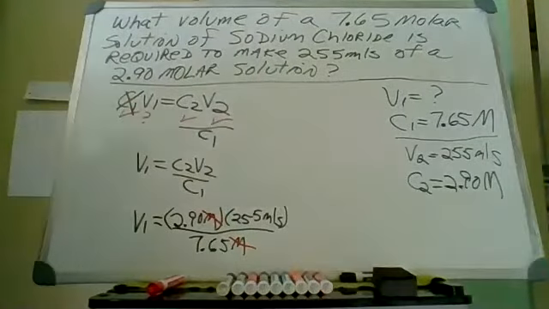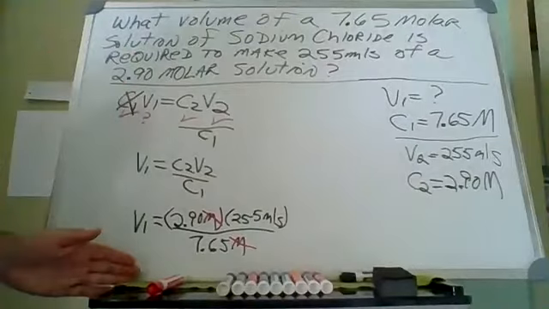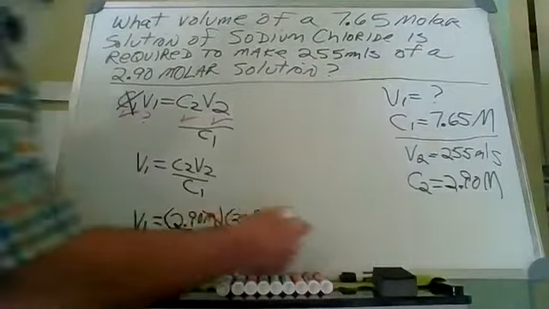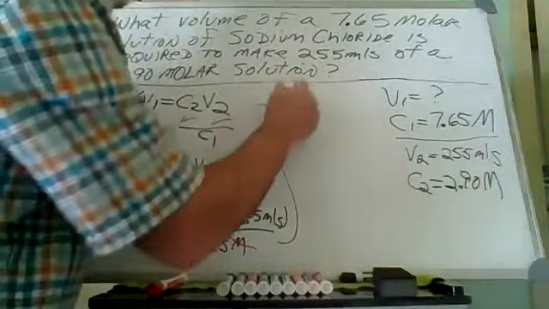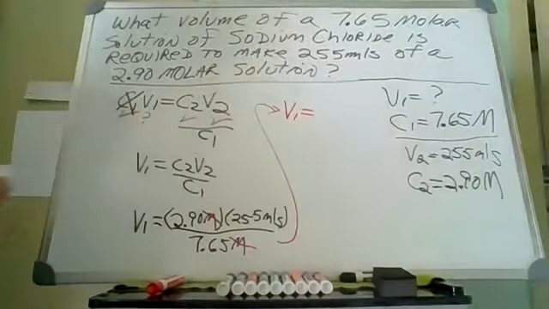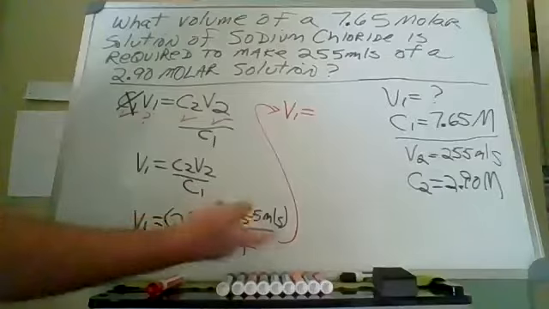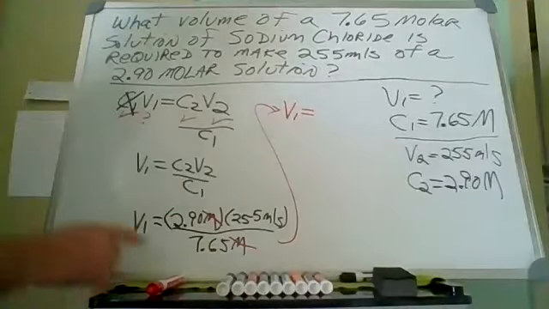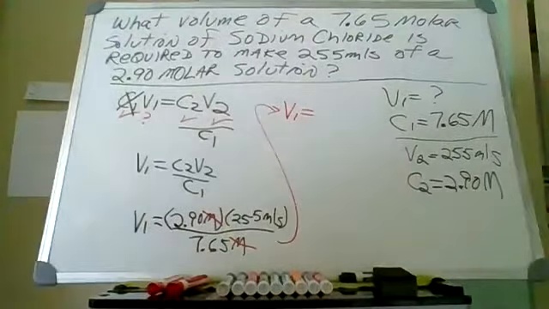All right, so now we get out our calculator. Now I have run out of room. Again, you should be flowing straight down the paper, but I have run out of room. So I'm going to bring my work up here. So V1 equals, and again, my only unit left is milliliters, which is an appropriate unit for a volume. Okay, so now I get out my calculator.